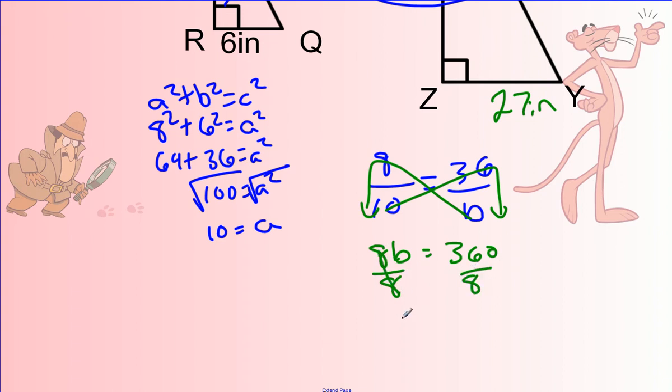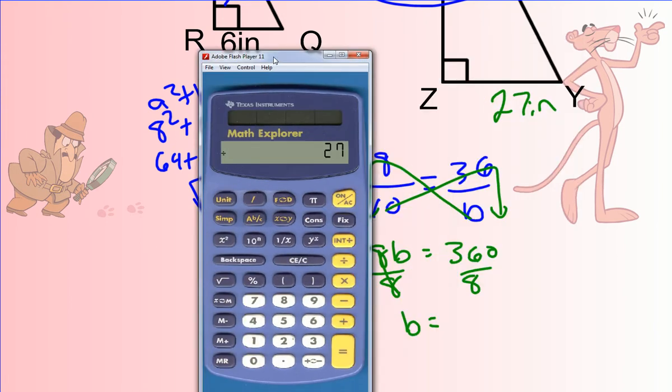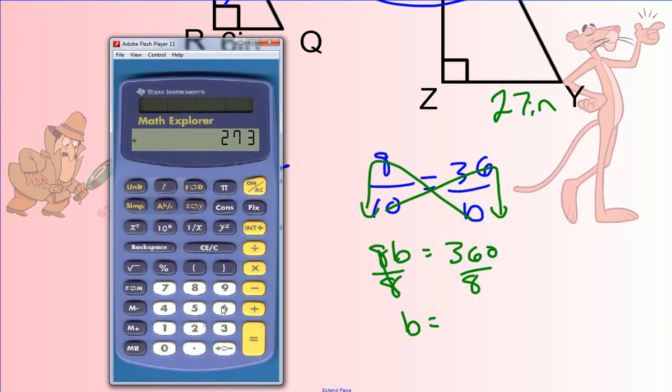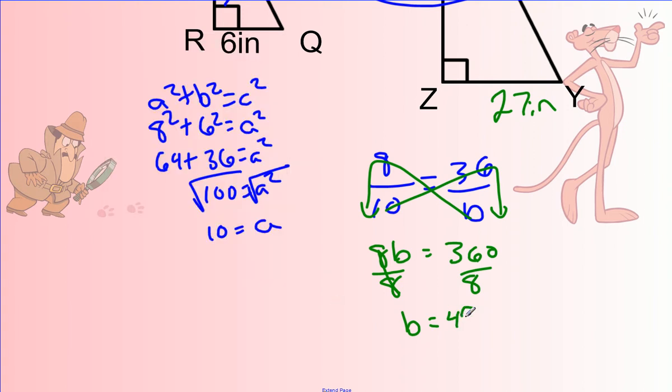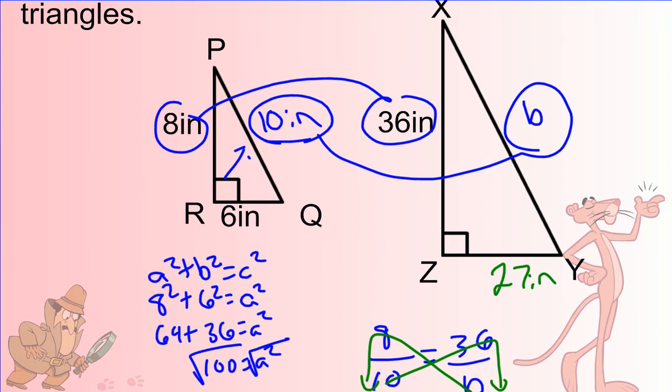Divide by 8. I lied. I can't. 360 divided by 8 is 45. So my missing side length of B is now 45 inches.